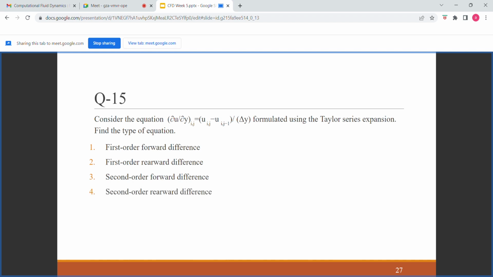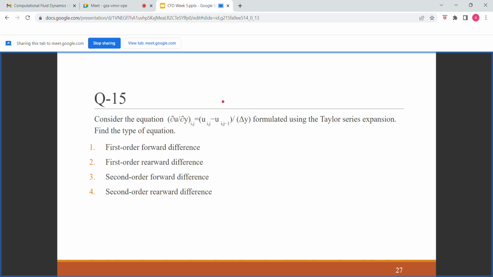We are neglecting only the term starting from dou square u by dou x square dou y square, and that too the associated terms would become del y when we are dividing the entire equation by delta y. So basically it is a first order scheme, not second order scheme. So these two options are obviously eliminated.